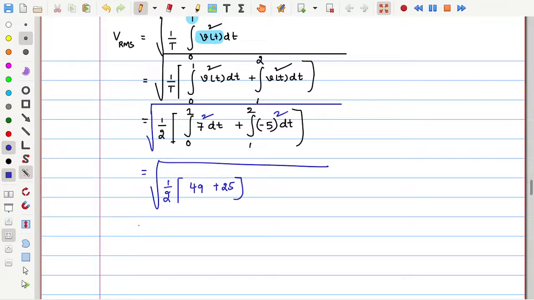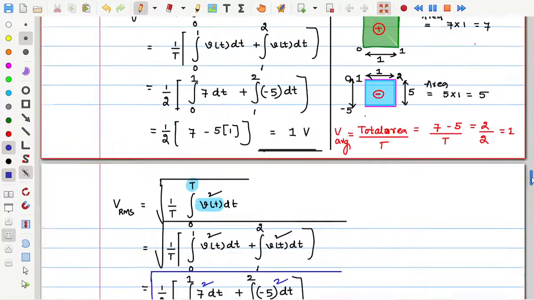So 49 plus 25 divided by 2. Is that correct? That's 37. Yes, sir. So square root of that. The square root of the answer is 6.08 volts. This is the RMS value for this waveform.